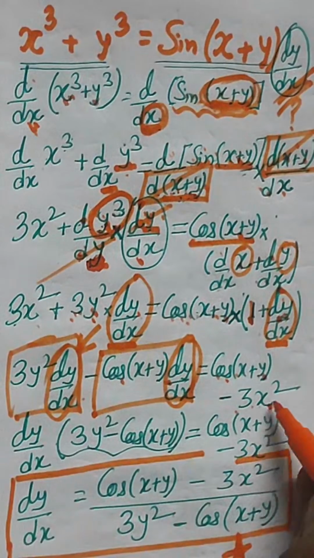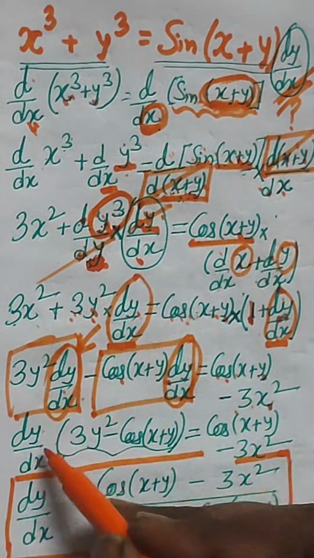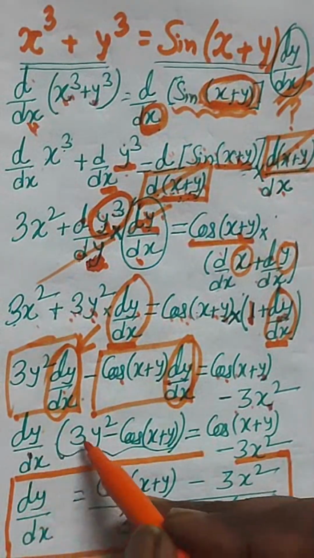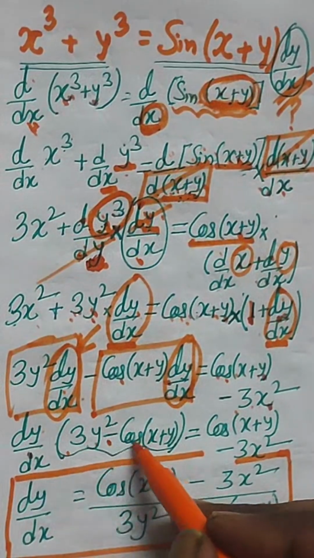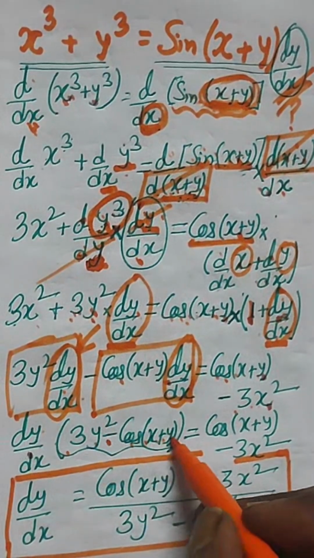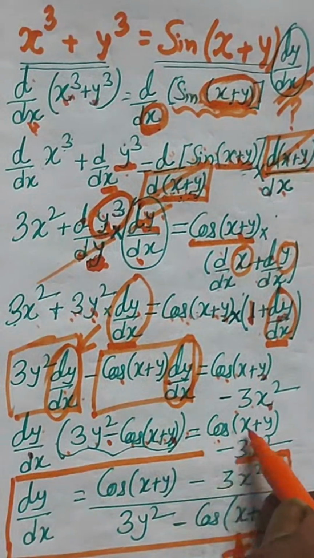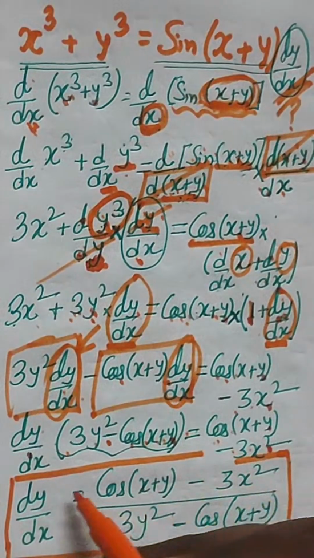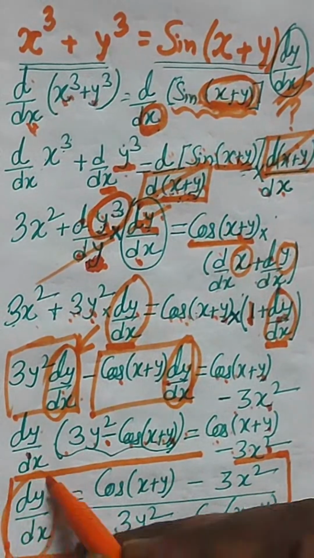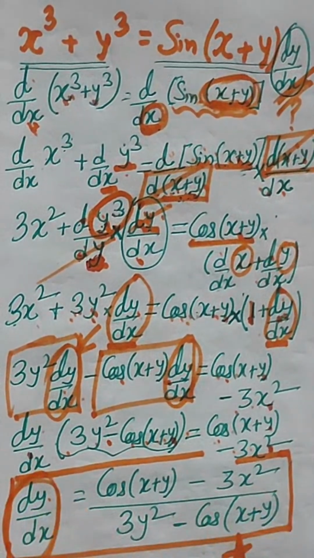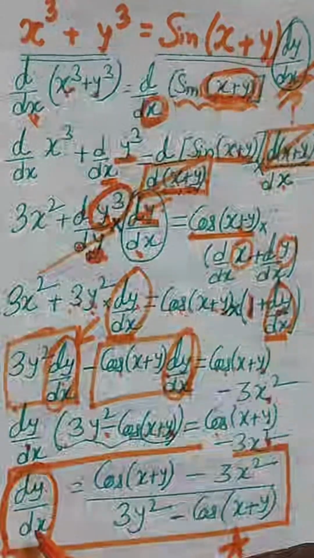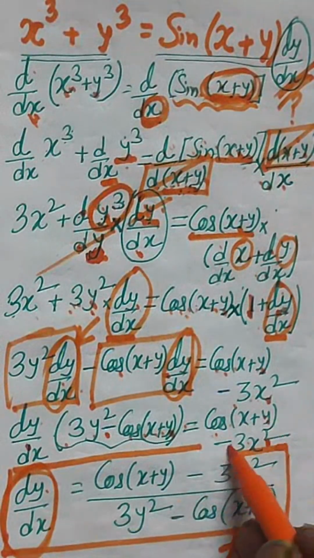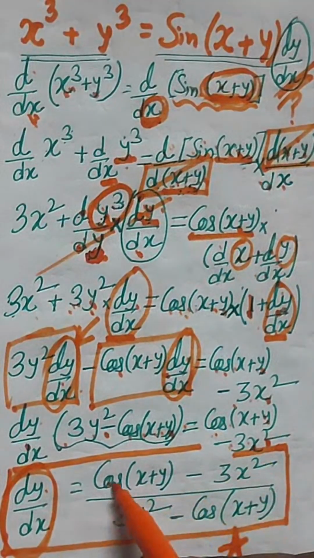So finally dy by dx is taken as common, and we are left with 3y square minus cos(x plus y), and this is equal to cos(x plus y) minus 3x square on the RHS. So we simply put dy by dx separately on the LHS, and we get the value of dy by dx as cos(x plus y) minus 3x square, which is already there in the RHS.